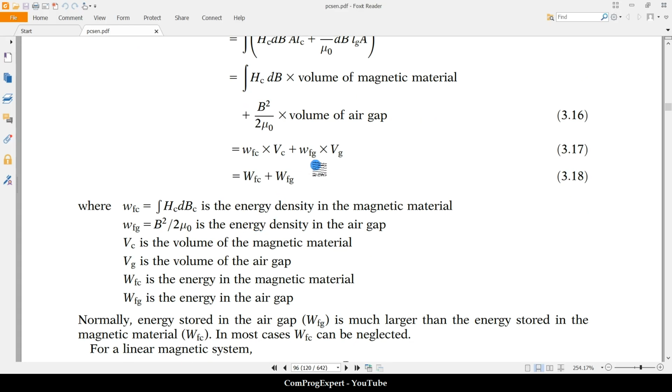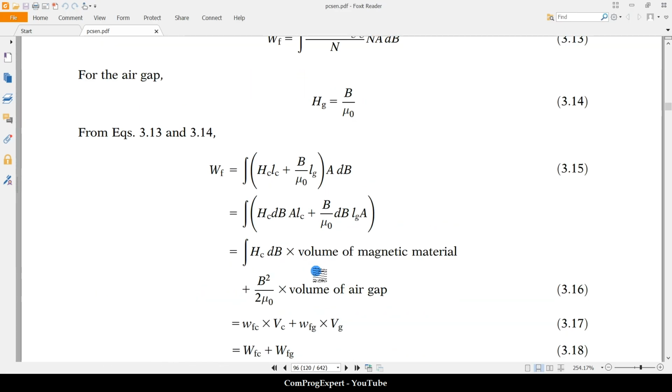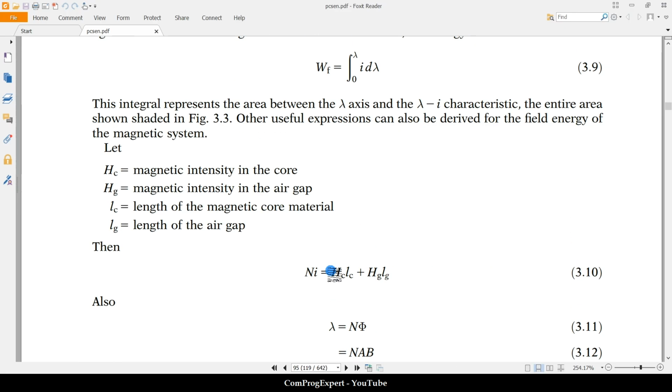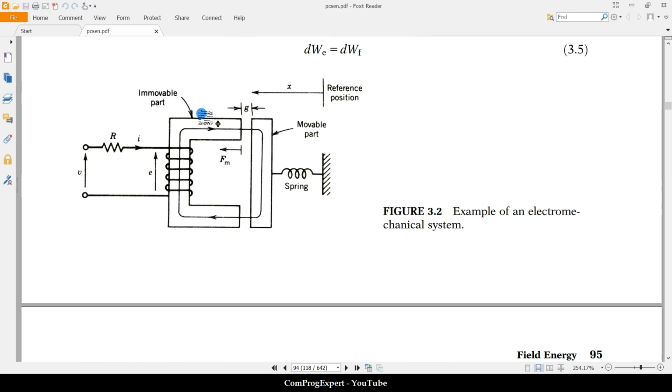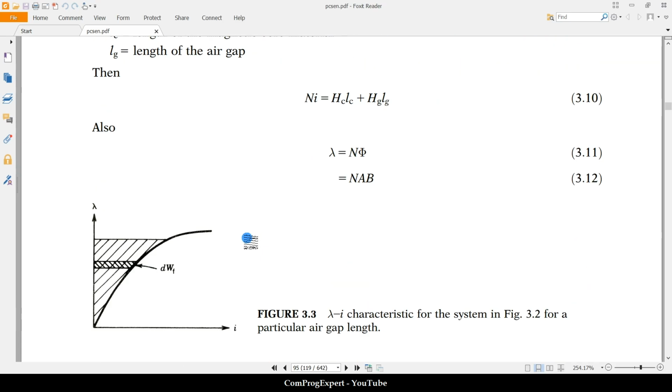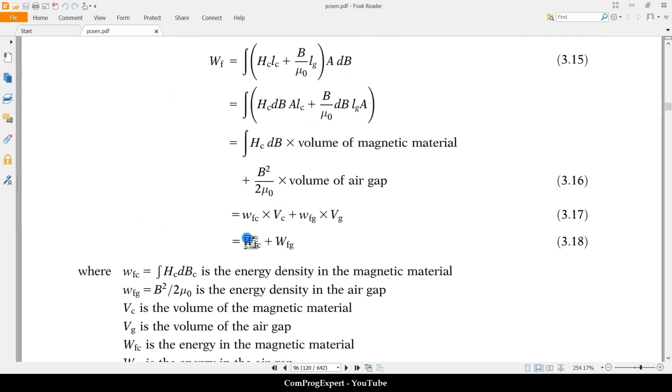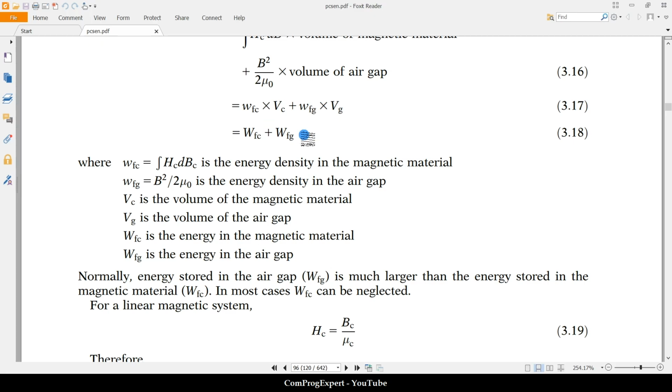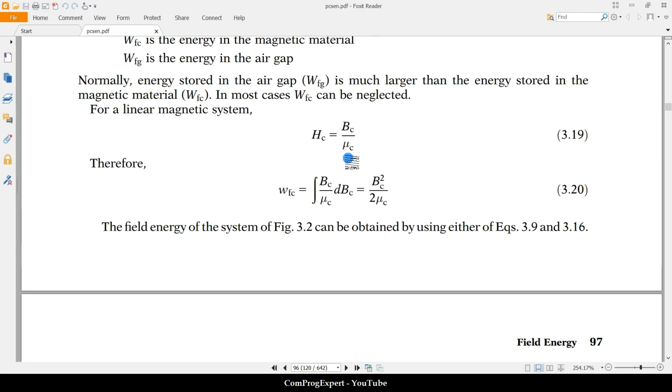So for this system, the energy stored in the magnetic field is the energy stored in the iron part plus the energy stored in the air gaps. We have two air gaps here. So here you can investigate this equation.